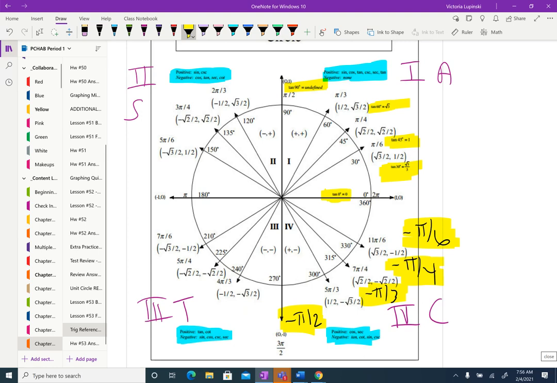Again, that's because you can only be from -π/2 to π/2. Then in terms of where you're going to look for your answers, for the arc sine, answers are only going to come from quadrant 1 or quadrant 4. Same thing for the arc tangent.